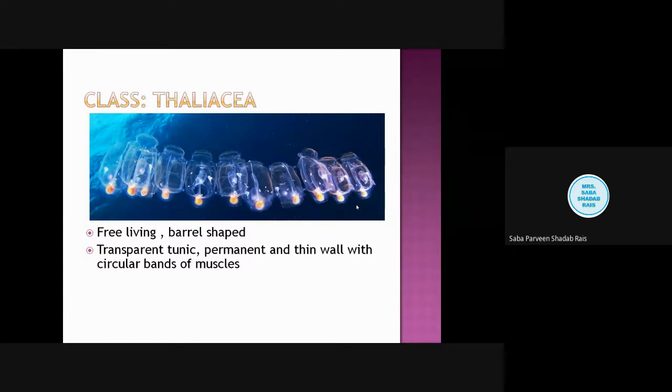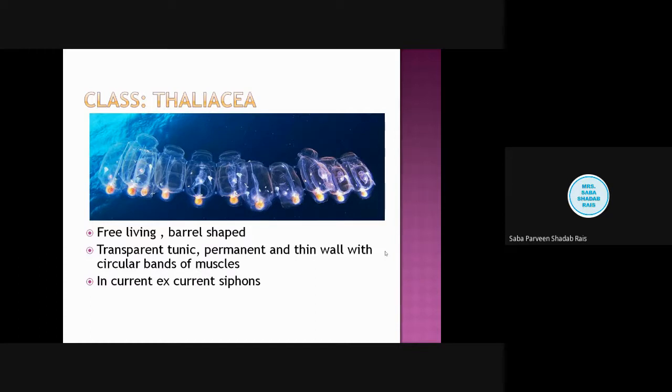Incurrent and excurrent siphons are present at the opposite ends of the body, which they use for the intake and outflow of water, and with the help of water, like invertebrates, they carry out many functions. In a few species, pharyngeal gill slits are found.